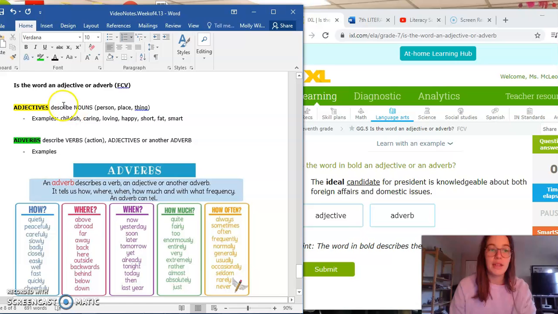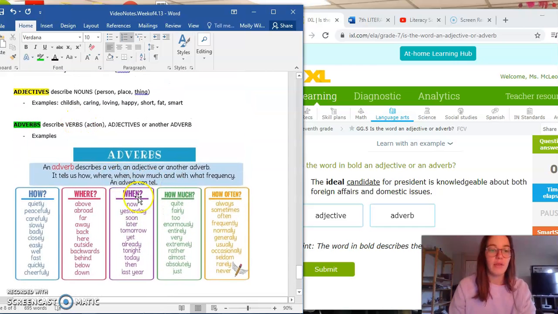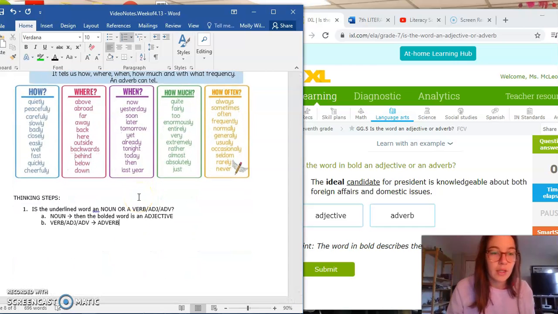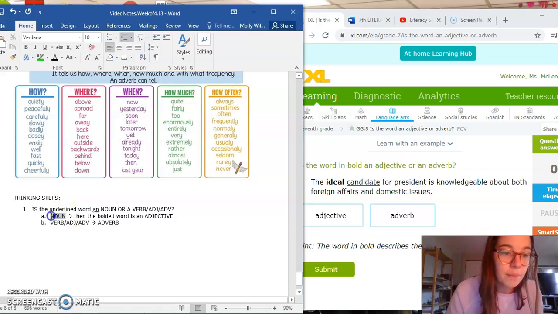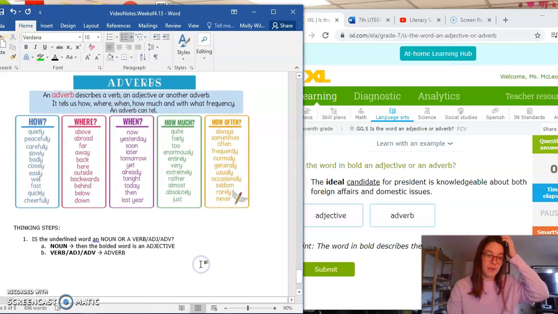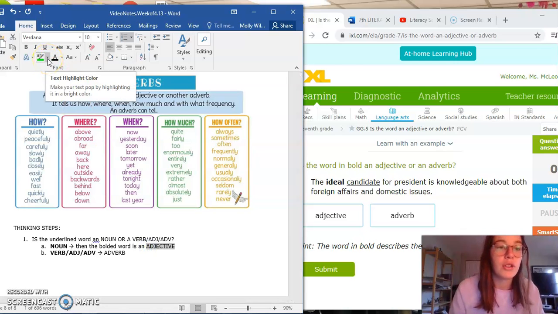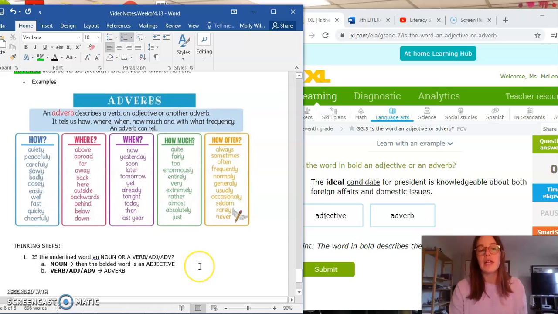If it describes a noun, it's an adjective. If it's a verb, adjective, or adverb, then we know that it's a what? Adverb. All we have to do in this skill is determine if it's an adjective or adverb. Okay, so it seems kind of wonky that we have to go to another word first to find it, but we can tell if it's an adjective or an adverb by looking at the word that it describes.